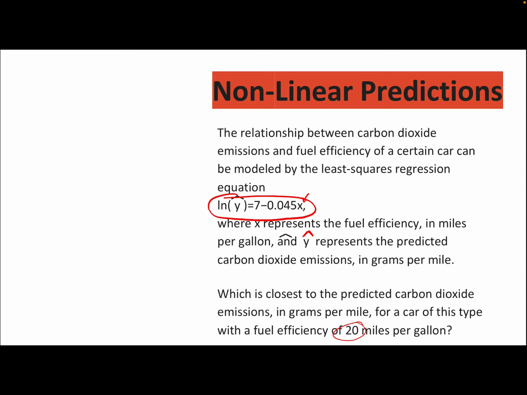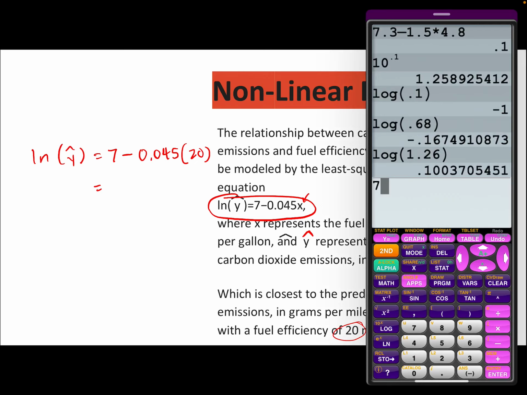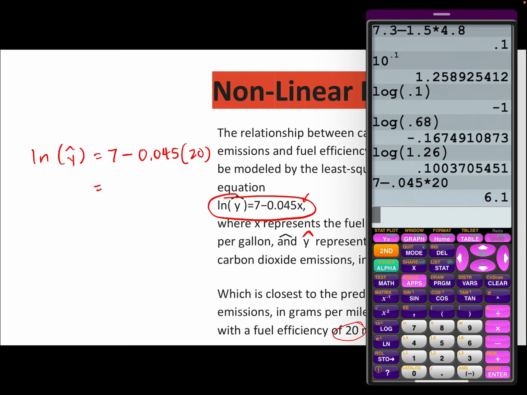So same as before, I could go ahead and plug in what I know, which is the x. So 7 minus 0.045 times 20. And then I could go ahead and calculate that. So 7 minus 0.045 times 20 gives me 6.1. So ln of y hat equals 6.1.